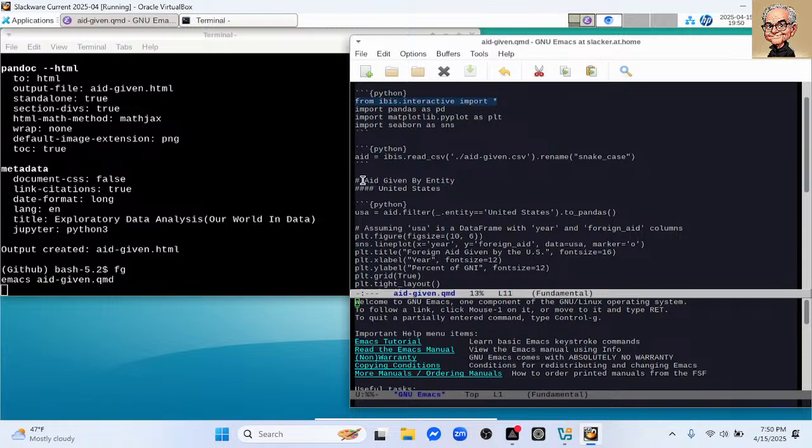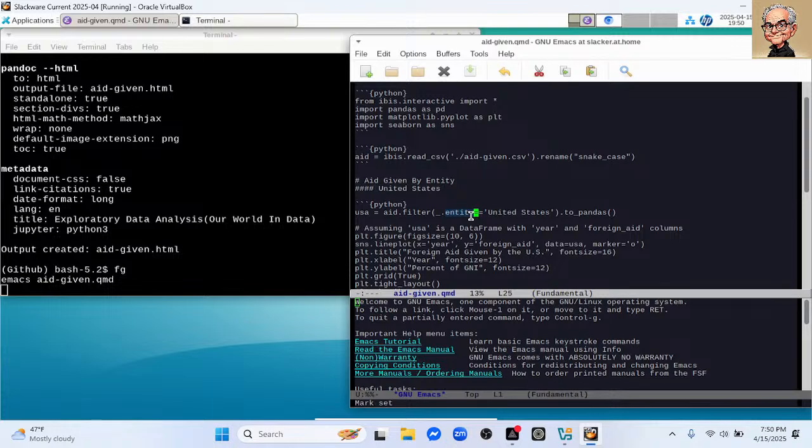First we start out with foreign aid as a percentage of the gross national income, or GNI as it's called, for the United States. So we did a filter on entity. Now this database from Our World in Data is a little different. The entity only contains countries or legal entities, so to speak: things like Puerto Rico and the Virgin Islands.